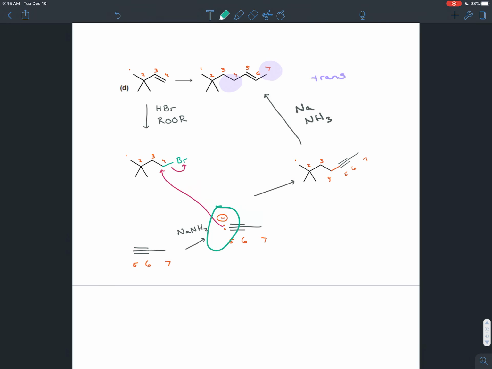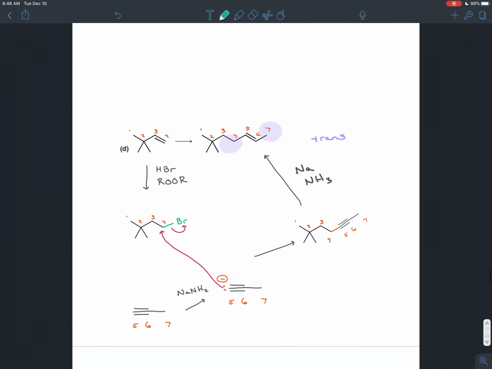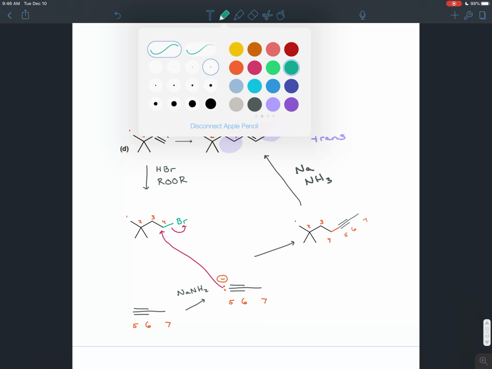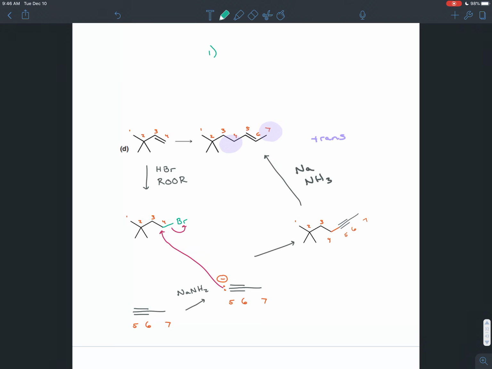You have to make that in the laboratory because it's so reactive. So you have to show that being made. Then you can do the SN2 reaction, gives you the alkyne with the reactive part of the molecule in the right place. You just have to turn the triple bond into a double bond, a transalkene, and you do that with dissolving metal reduction.